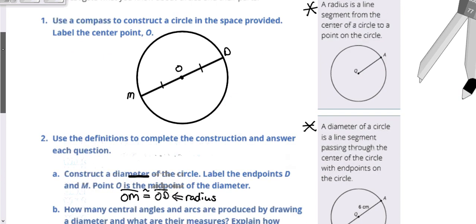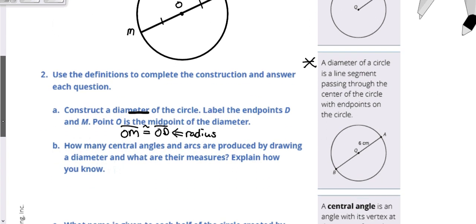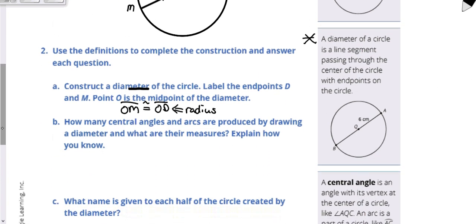So how many central angles do we have? Well, we have a central angle right here, this central angle of MOD, and it has a measure of 180 degrees.